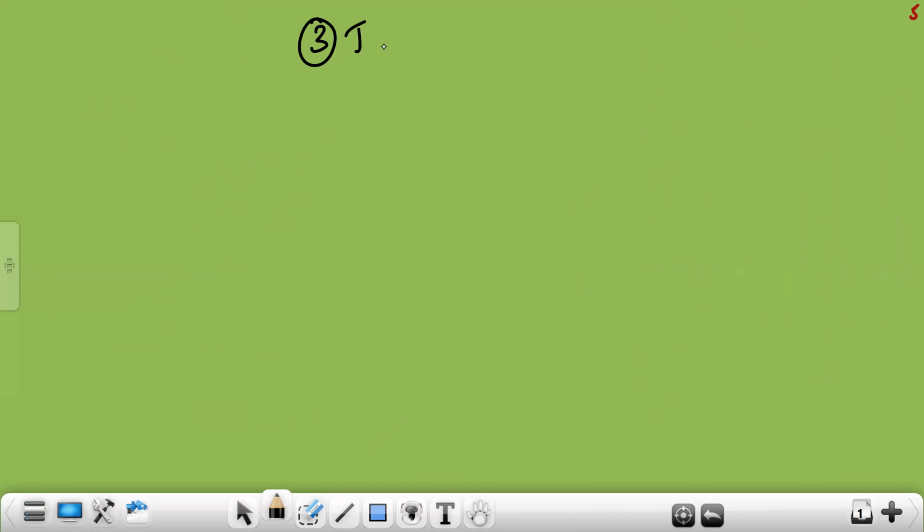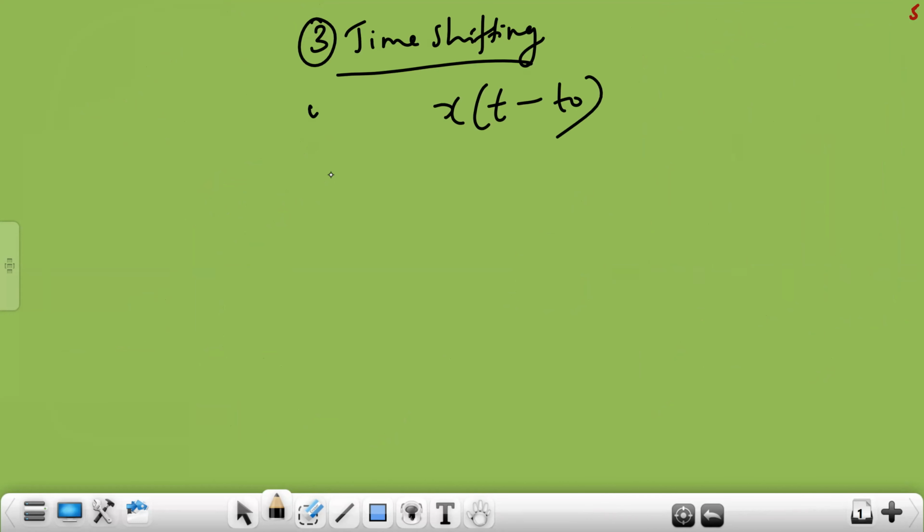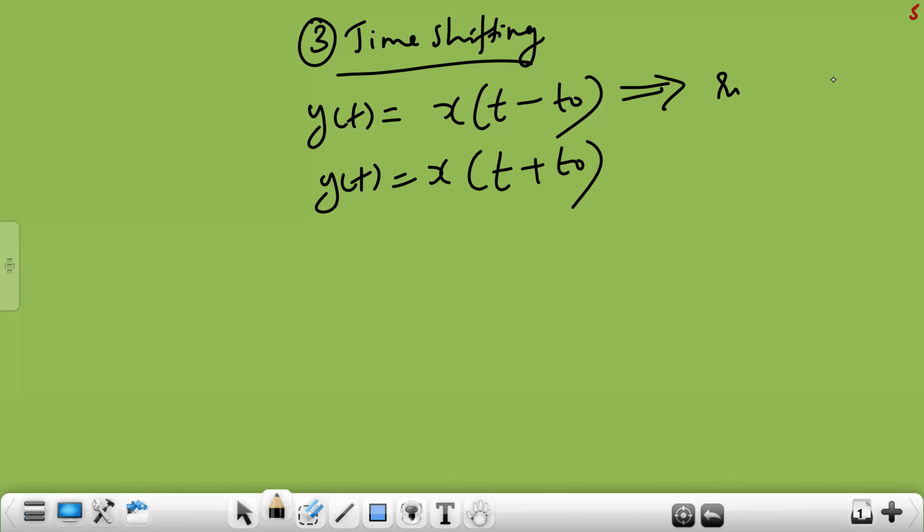In time shifting, you will be shifting the signal x of t either towards right or towards left. If it is t minus t naught, it will shift towards right, provided t0 is positive. Please note it down.